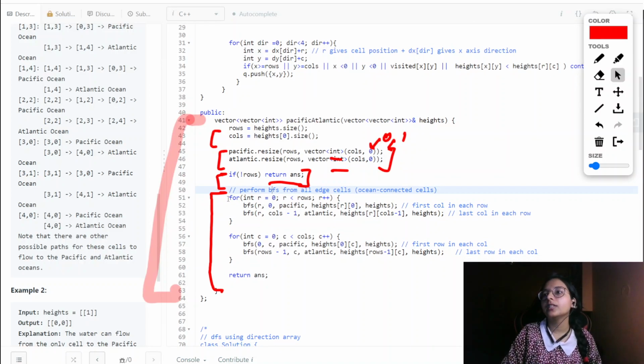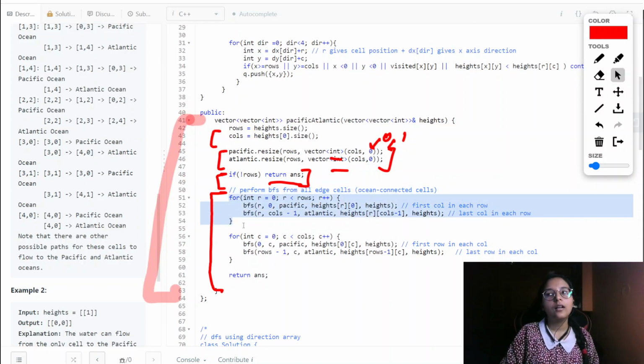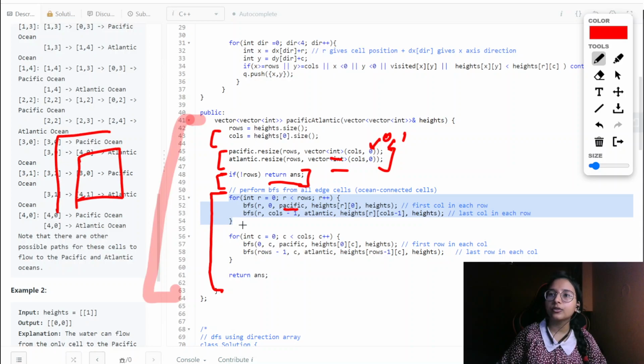So here, first what we are doing is going ahead with all the rows which are there. We will be doing the BFS on all the rows, and in that, the first thing I am doing is going ahead with the Pacific one, and the Pacific one is basically at this portion, right? So we are going ahead with rows.